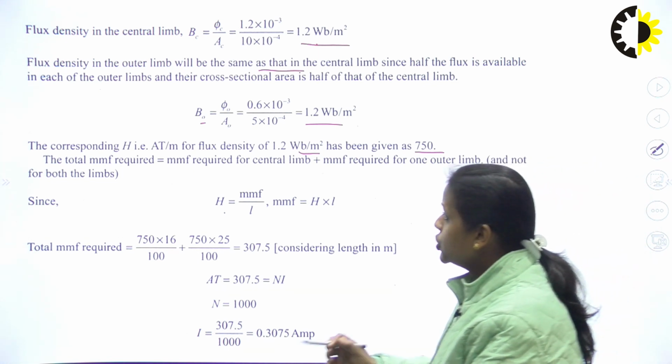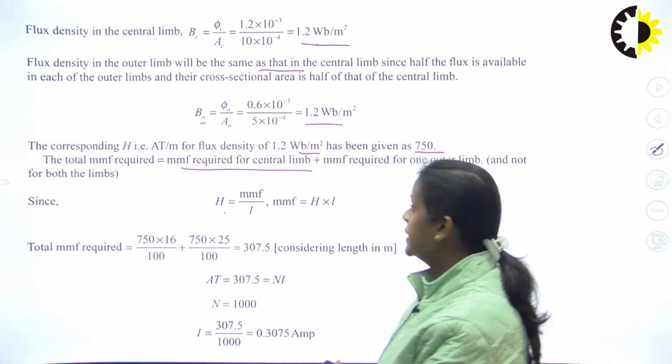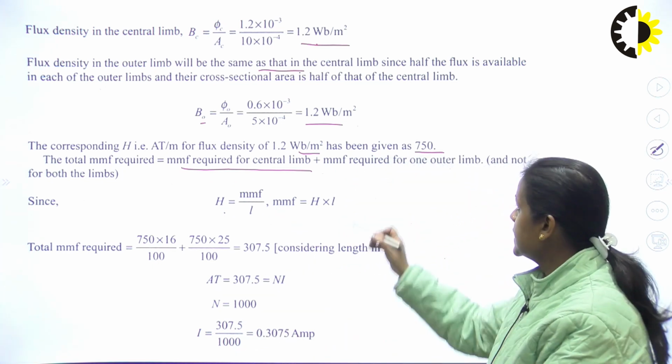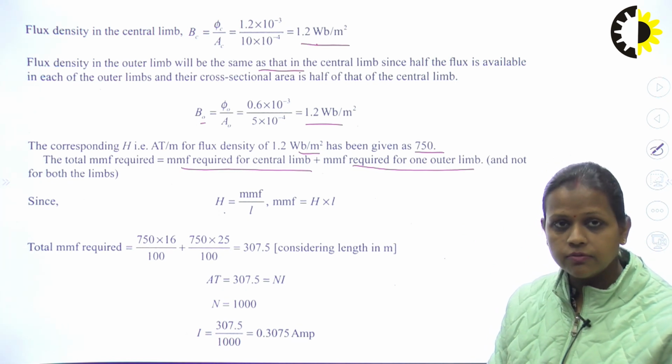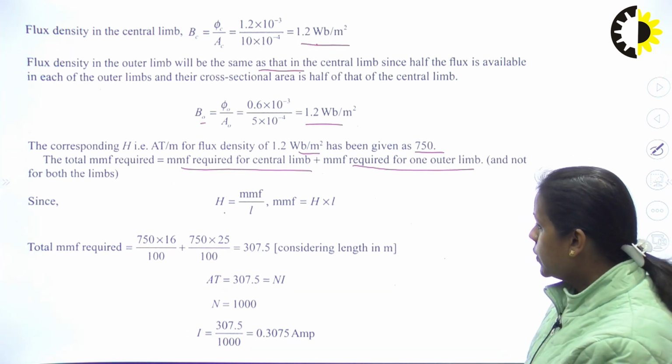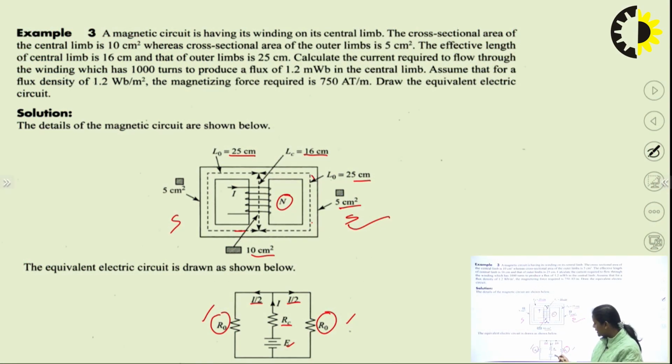So the total MMF required will be equal to the MMF required for the central limb plus the MMF required for one outer limb. Only one outer limb will be considered, right? Why? Suppose you want to write the equation for E; you will consider E is equal to I into Rc plus I by 2 into Ro.